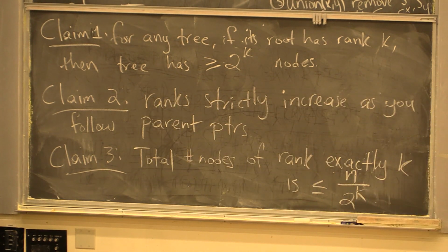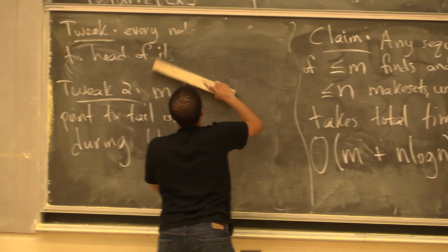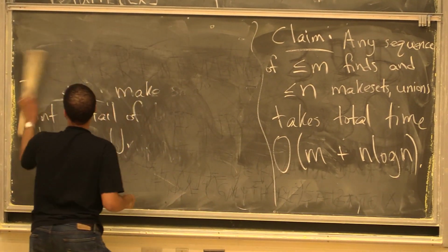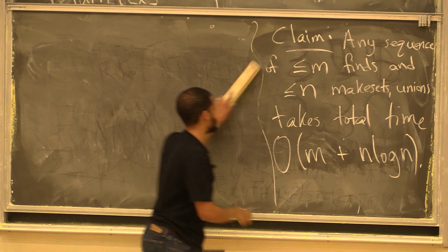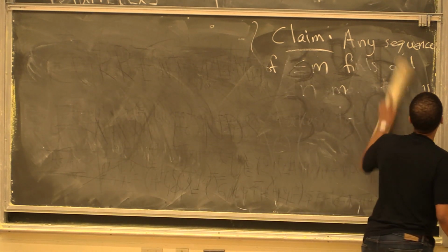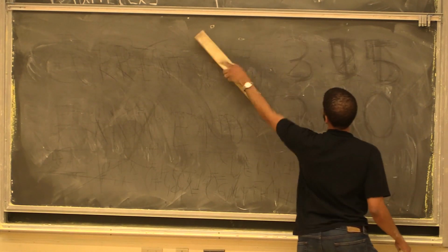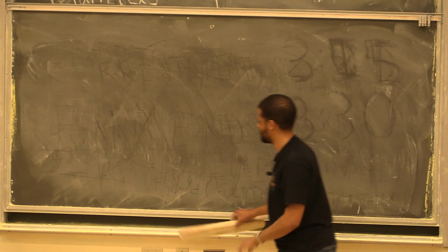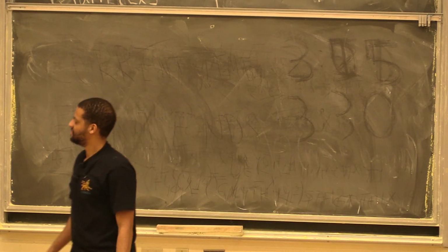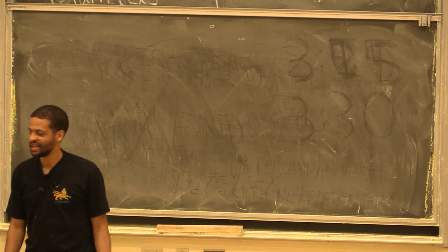And I want to say a few words about why these things are true. I don't want to spend too much time on why it's true, but I do want to say a couple words. So the reason why the first two claims are true is induction.